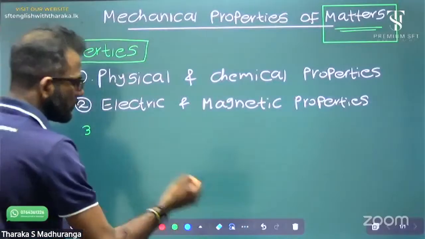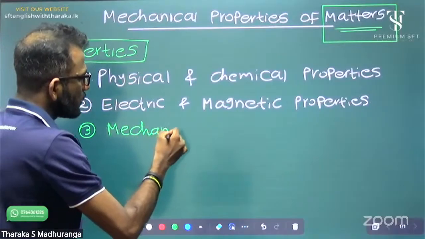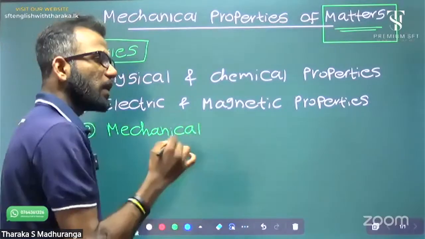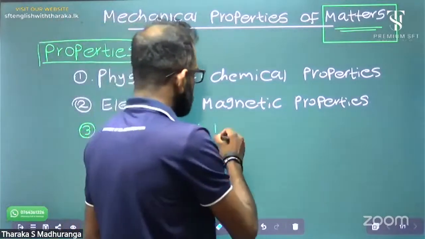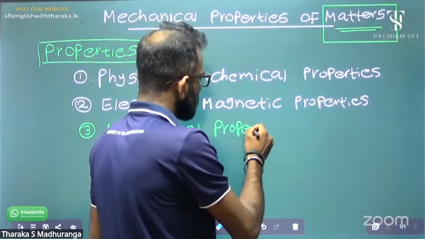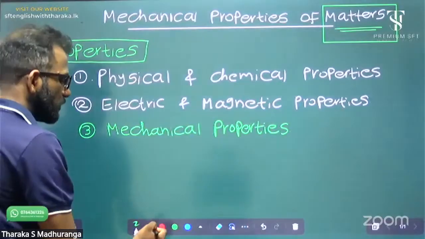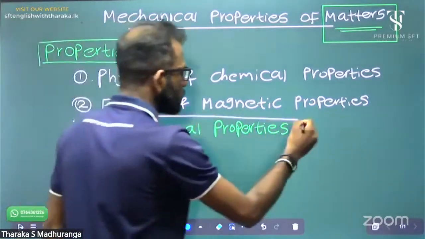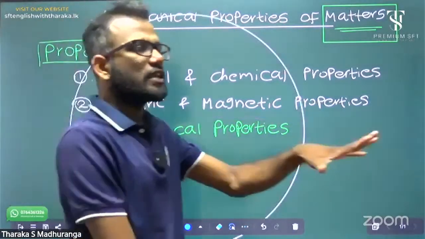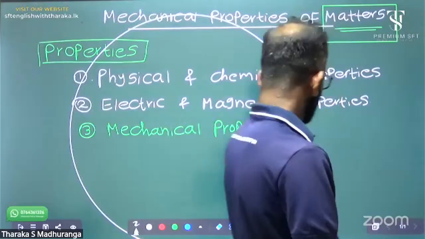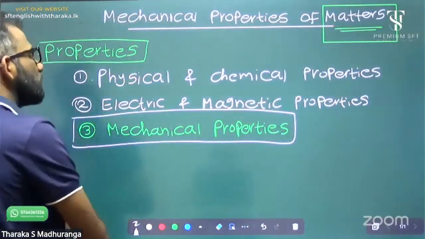Our third property type is mechanical properties. In this lesson we mainly discuss these mechanical properties of matters. Our target is to discuss the basics of mechanical properties.